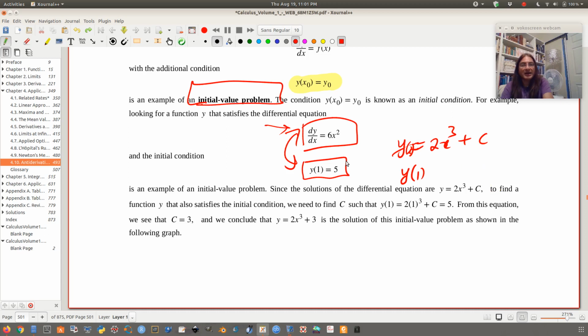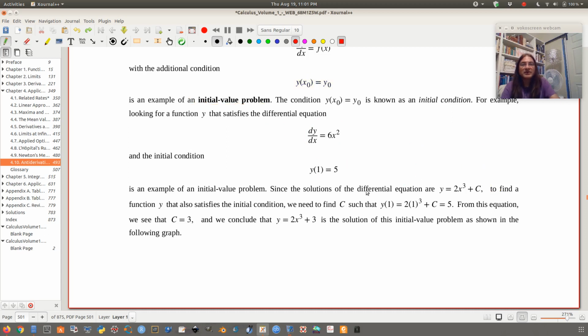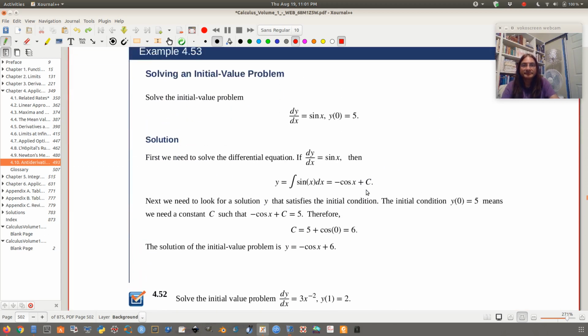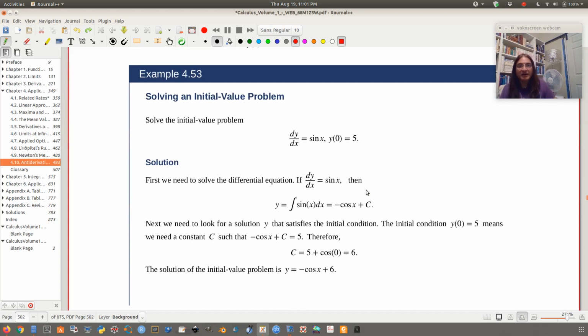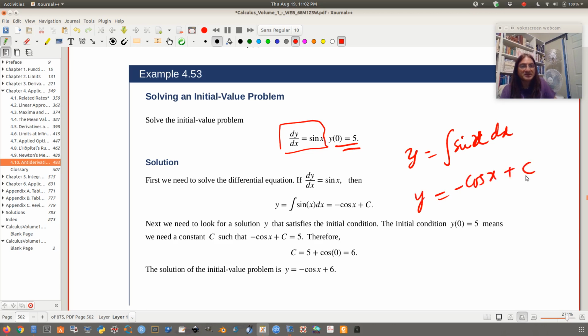So for example, here is a different one: dy over dx is sin x and y of 0 is 5. Okay, so let's integrate this to get y. So y equals the integral of sin x dx, so y is negative cos x plus c.